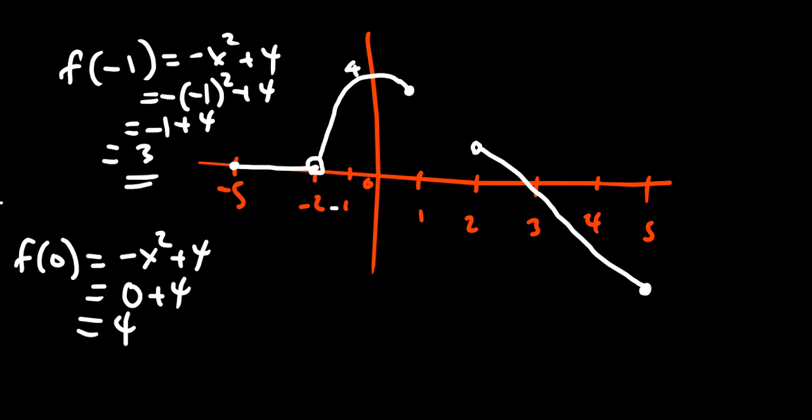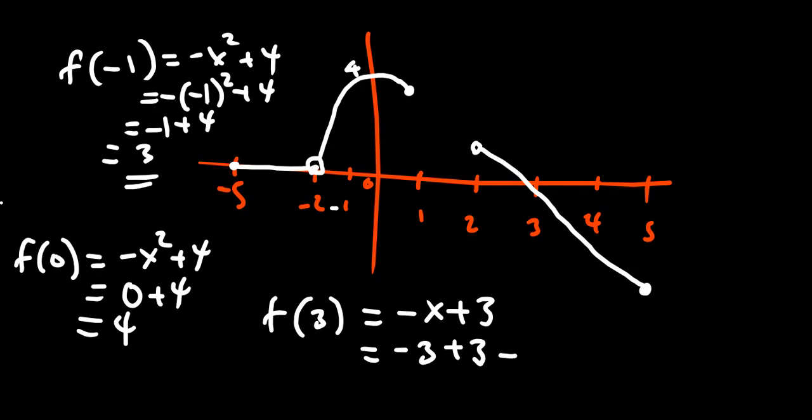Then the other one is f of 3. We see this side is defined by the linear equation, negative x plus 3. So where x is, we replace 3. Then we have negative 3 plus 3, and this will give us 0.